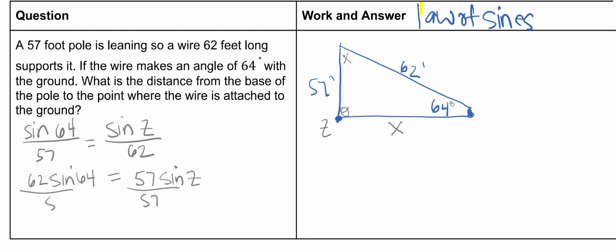Then we solve by dividing by 57 and taking the inverse sine. So I'm going to multiply 62 times the sine of 64 and divide that by 57. And then I'm going to do the inverse sine by doing second sine, second answer.